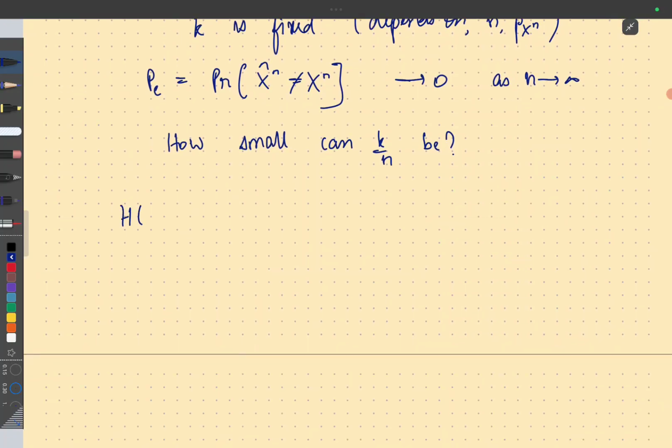So we'll start with h of xn, and because I know that Fano's inequality relates h of xn given xn hat with the probability of error, I'll try to introduce xn hat into this quantity. So I have h of xn, I'll add and subtract h of xn hat given xn.